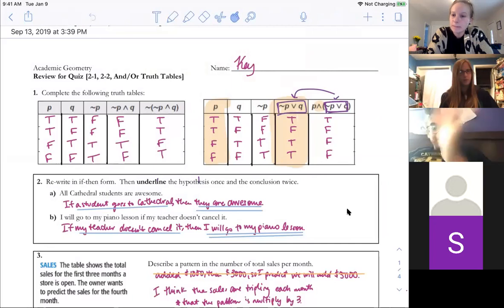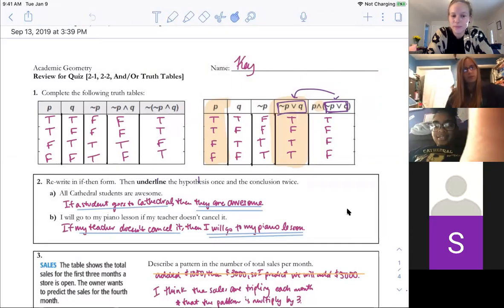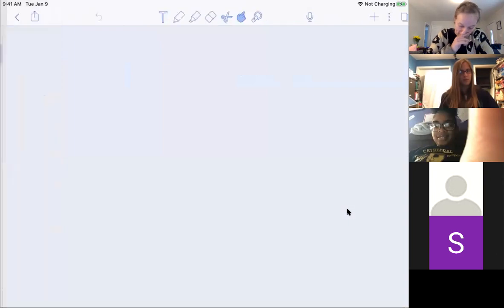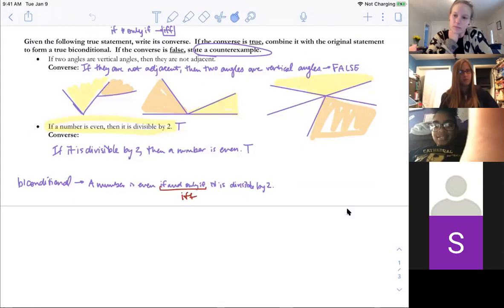I have a question. Yeah. So for instance, like the last problem we just did, the if and only if, we don't look at it as like that's the only way it could be even, right? When I thought of it, it's like a number is even if and only if it's divisible by 2.